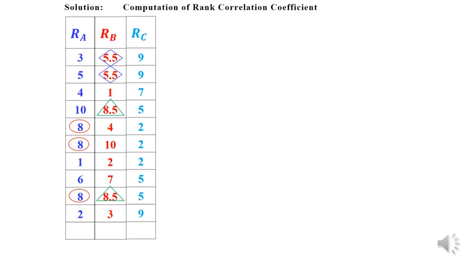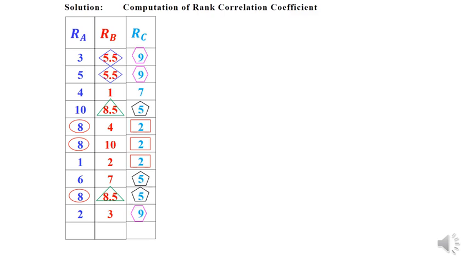So 3 ranks are repeating 3 times each. So mark them up using some shape: 2, one more 2 and another 2; 5, 5, 5 and 9, 9, 9.